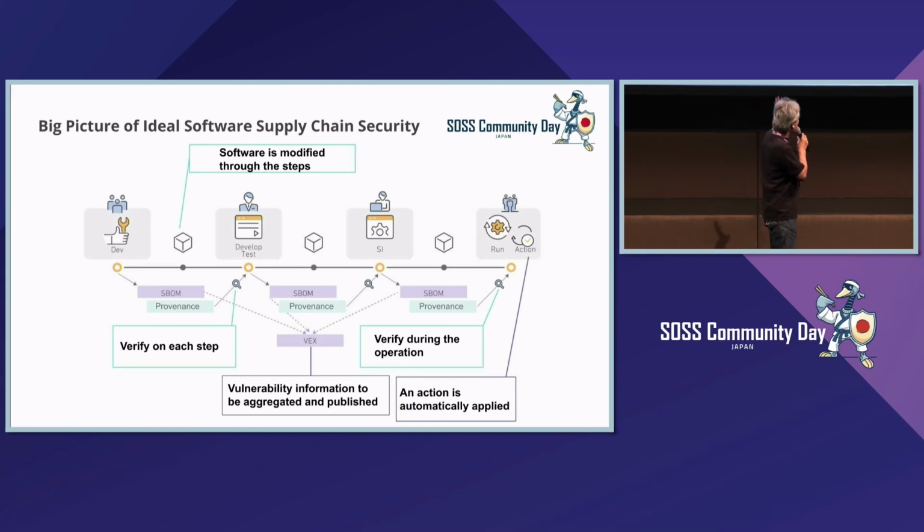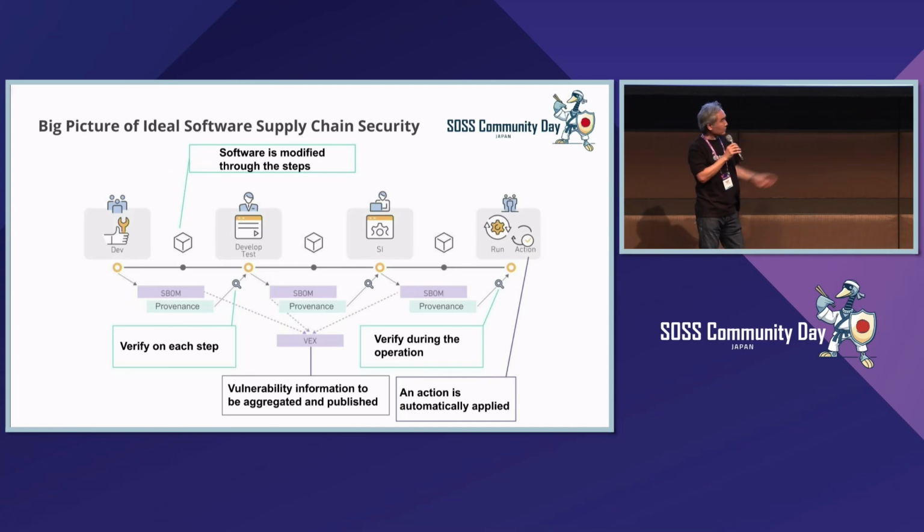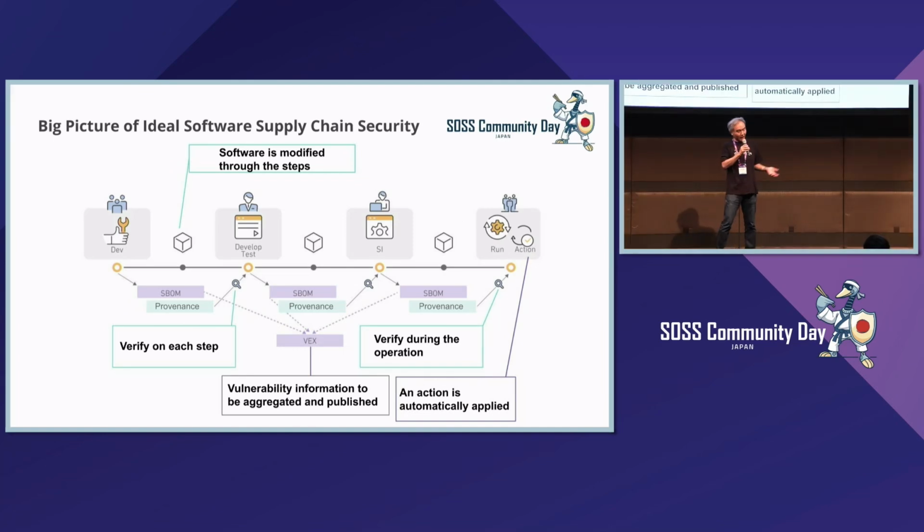The important thing, in my opinion, is that verification should be done on each process, including the final process. The final process is execution. At the time of running the software, the user has to be able to verify whether the software is correct or not.